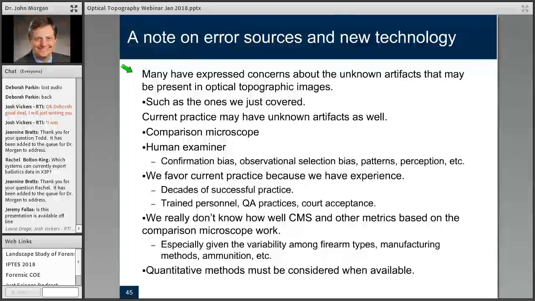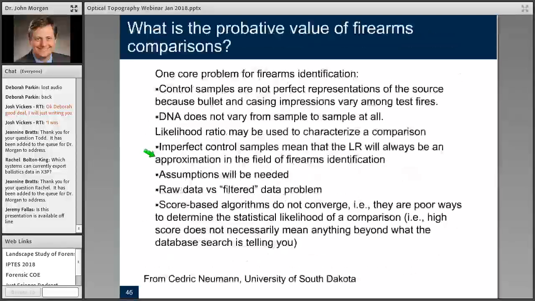Those error sources can be about the technology, but it can also be about the human, as I've said. We're actually in the FTCOE creating a source book on human factors, and I hope that we'll be able to help folks understand how cognitive psychology can be used to help us make better comparisons and do it in an efficient and good and useful way.